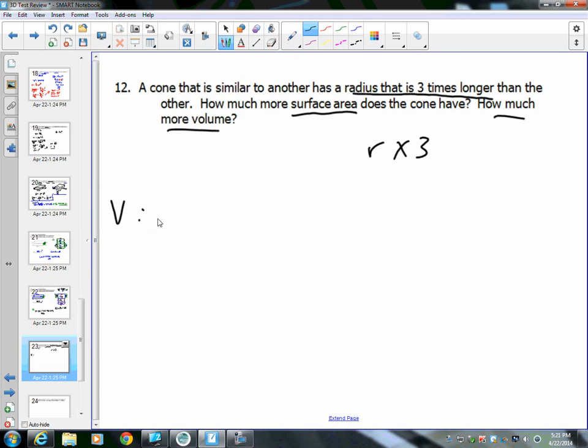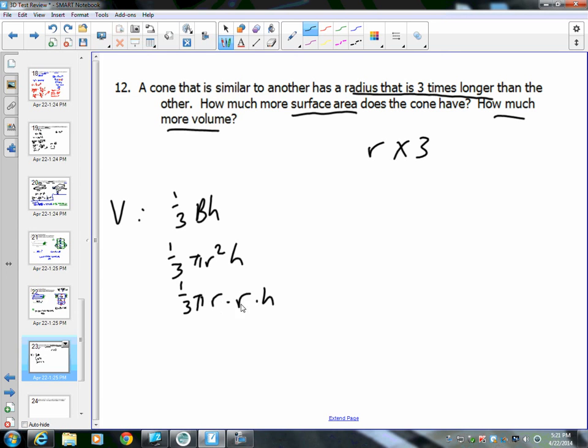Well, for the volume of a cone, it's 1/3 big B times H. And big B, since it's a cone, the base is a circle, so the area is pi r squared, times the height. So if we notice, r squared is the same thing as writing 1/3 pi times r times r times h.